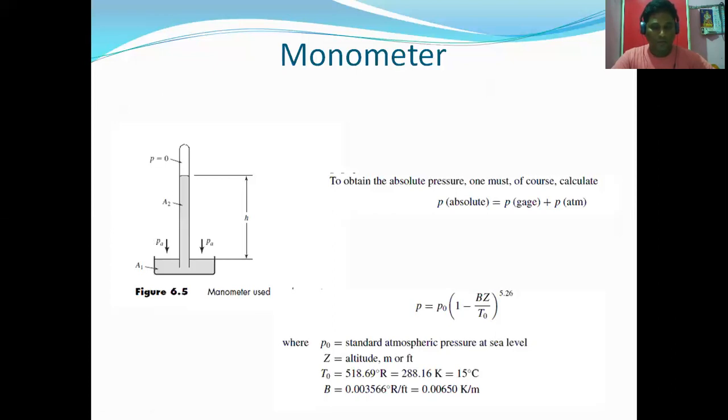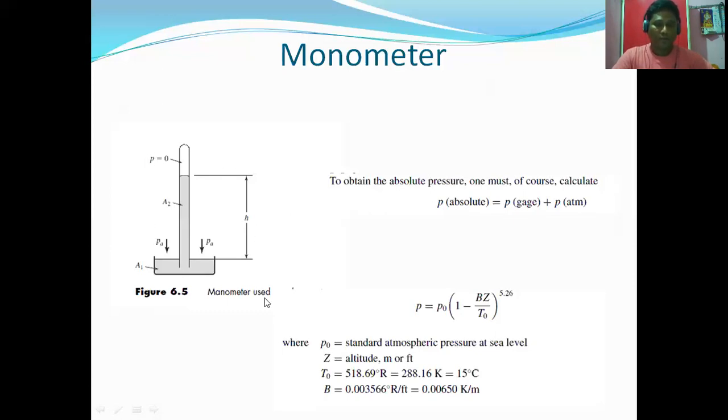Okay, so to obtain absolute pressure, one must calculate: P of absolute is equal to P of gauge plus P of atmosphere. Okay, ATM is the atmosphere. So pressure of the atmosphere plus pressure of the gauge is equal to pressure of the absolute. That is how the manometer concept is processed.